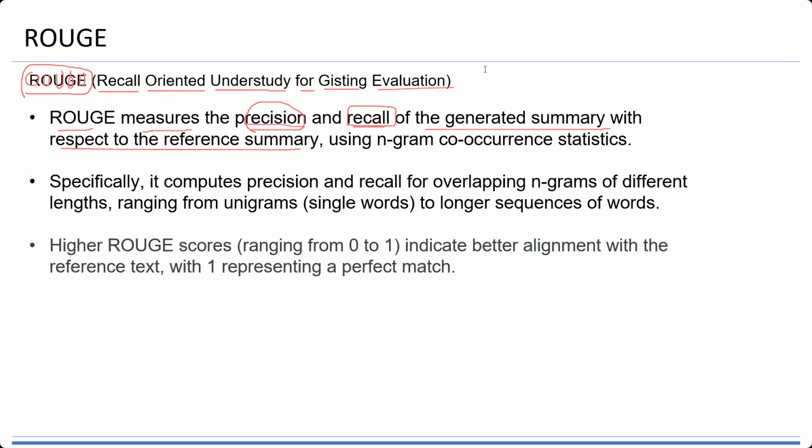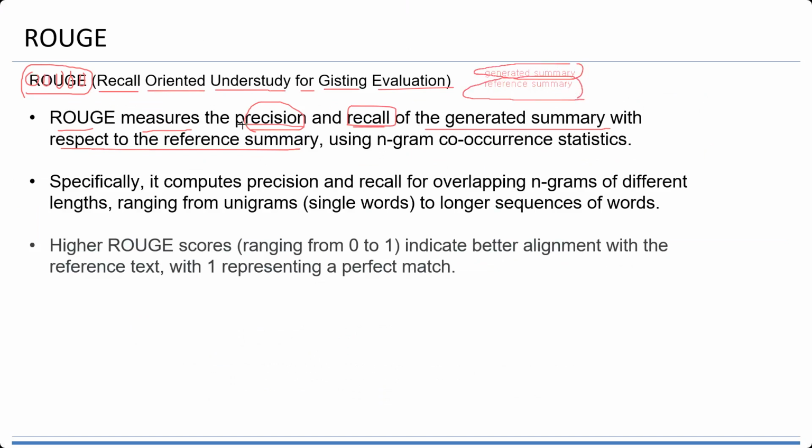It means we have a generated summary, and then we have a reference summary, and we want to compare. The generated summary means the result from the text summarization. The reference summary means the ground truth, the label that we have.